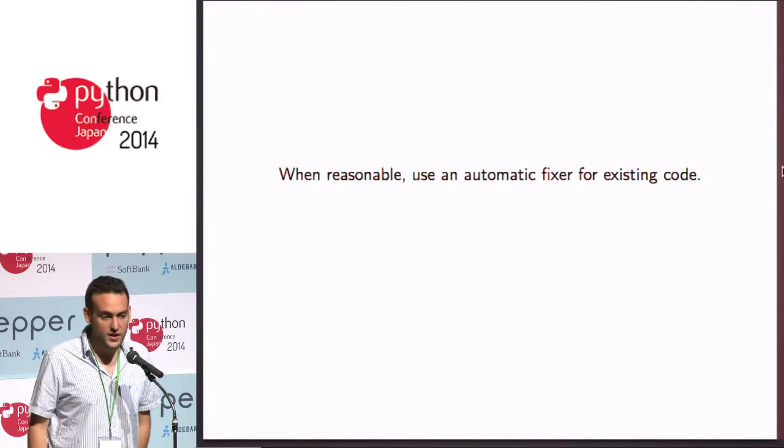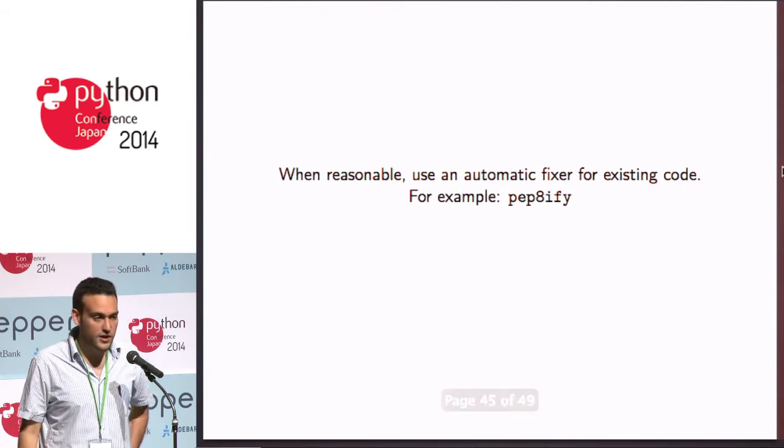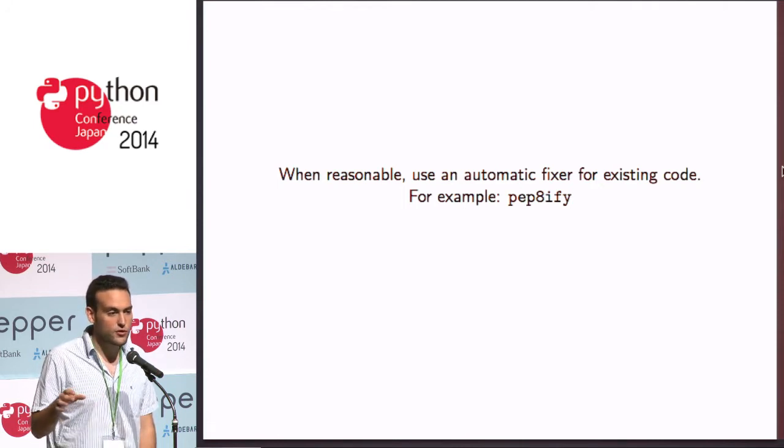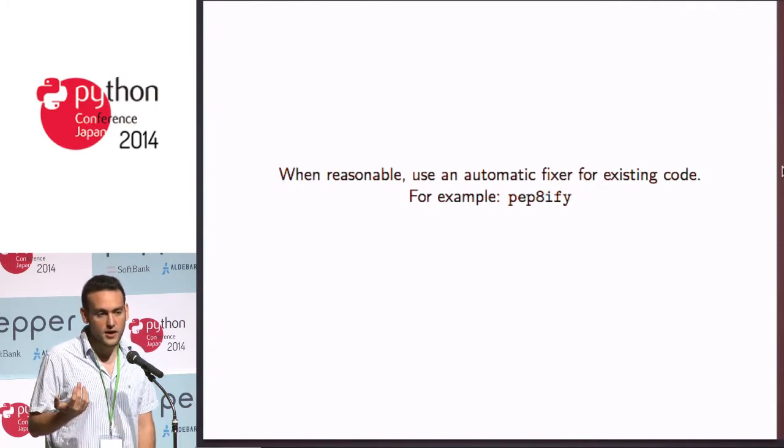When it's reasonable, use an automatic fixer for existing code. For example, we successfully used a tool called PEP8, which goes through all the source code and applies automatic transformations to make it fit, for example, the coding style standards.